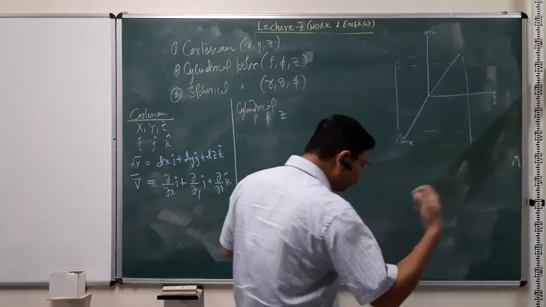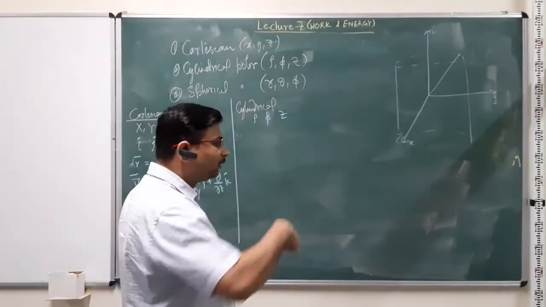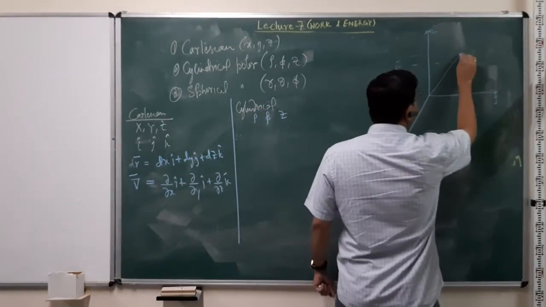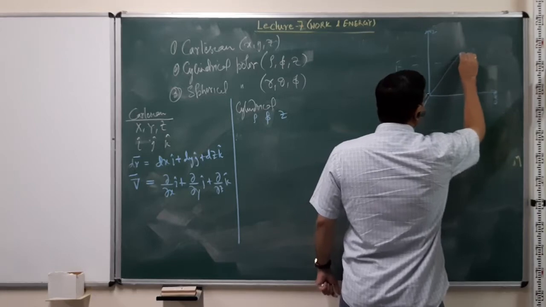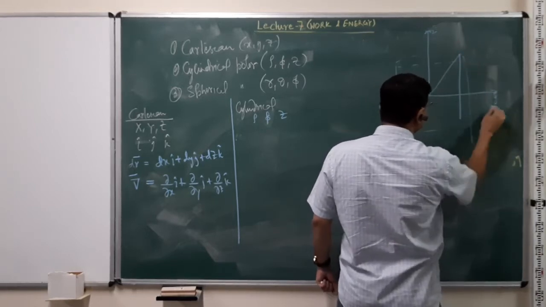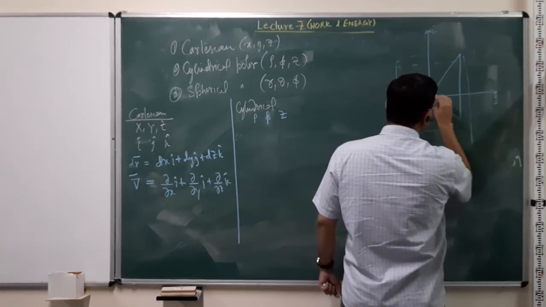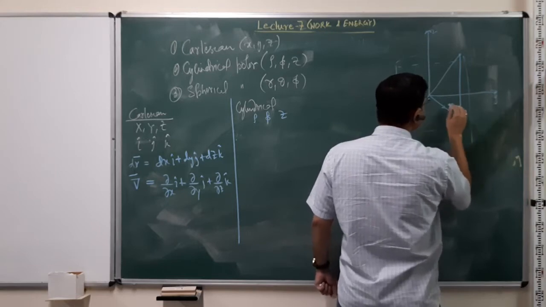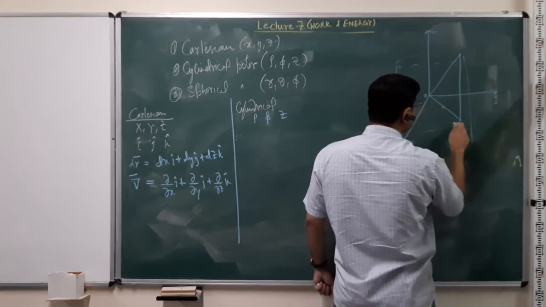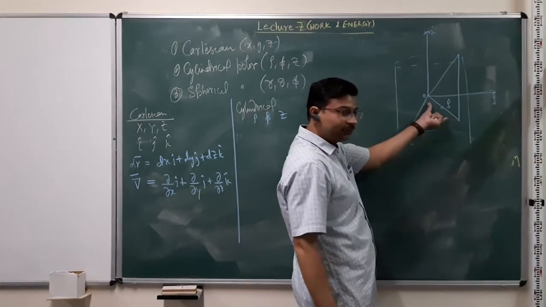All the points in space lie on the surface of some hypothetical cylinder of different height, radius, and other things. To describe its location, I take its projection on the xy coordinate system. The distance from the center to this point is termed rho. So this length is rho.